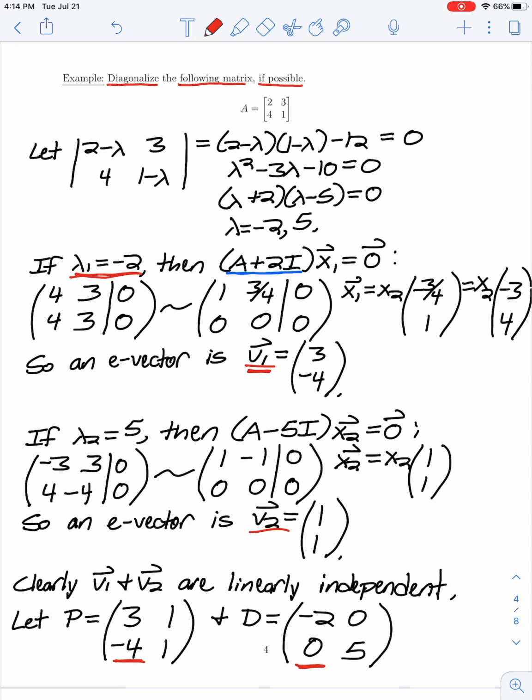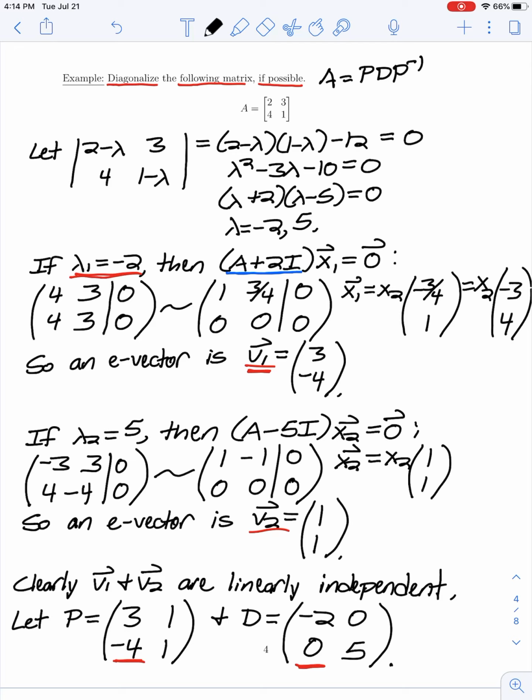So we have to make sure that our columns coincide here. So this would be our matrix P and D to form the factorization of A as P times D times P inverse.